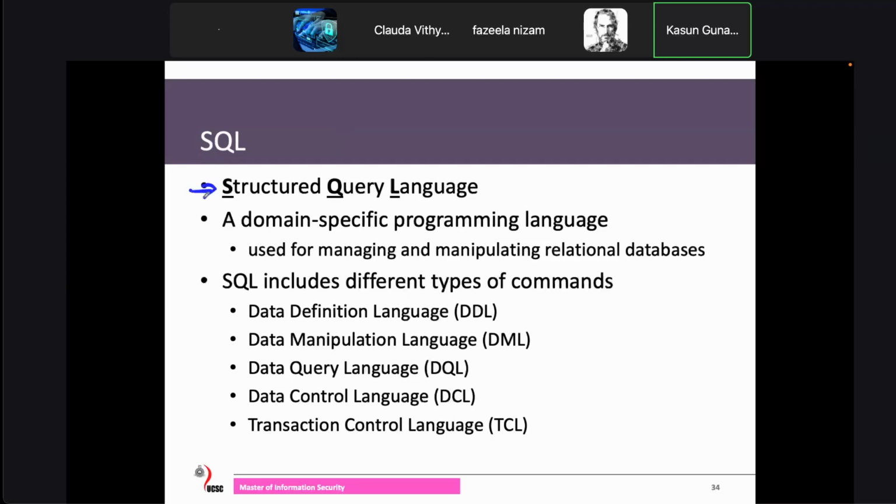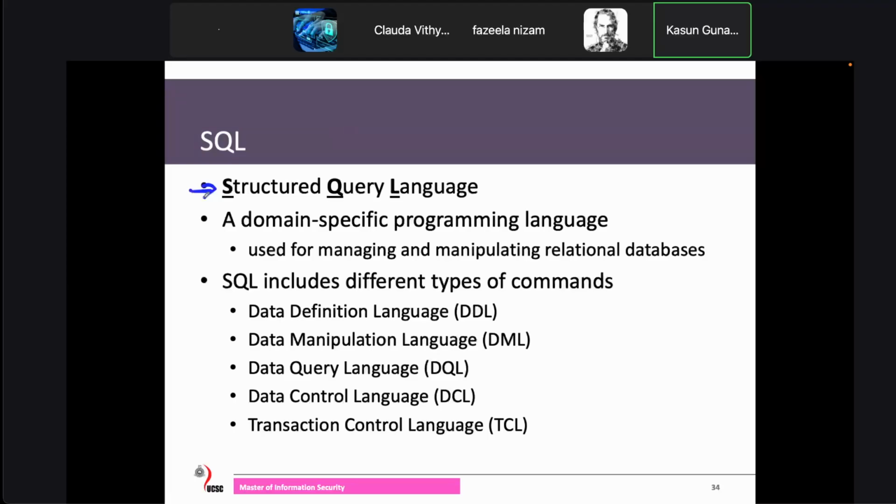Basically, SQL is a programming language that you can use to interact with these databases. So you can query the database, you can use SQL to insert new data, to update, delete. So many different types of interactions can be done using SQL.